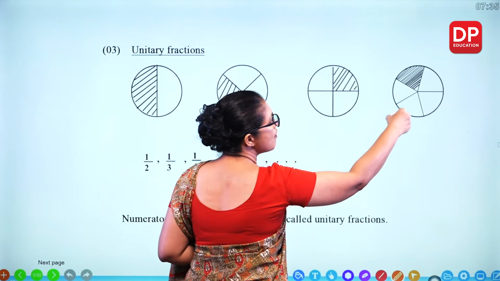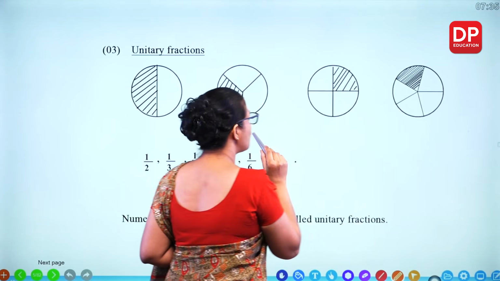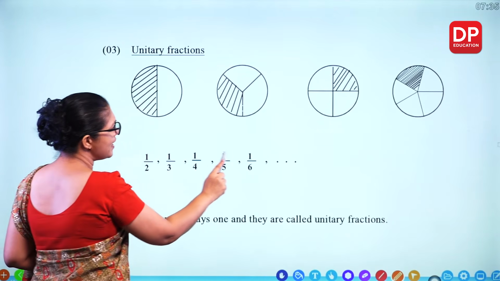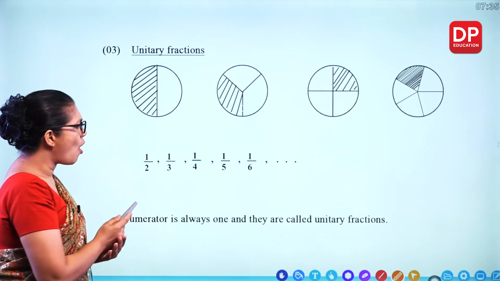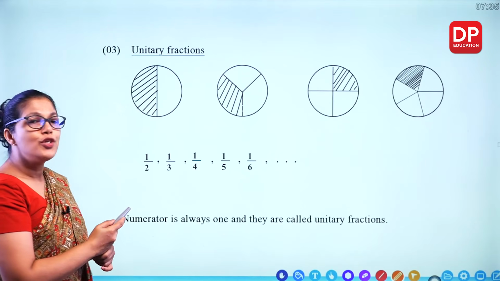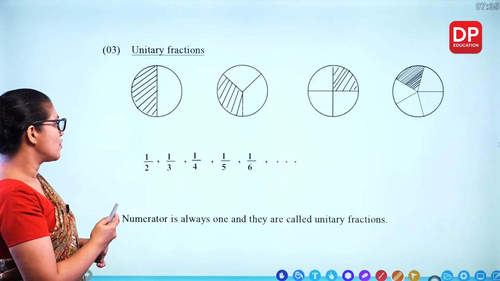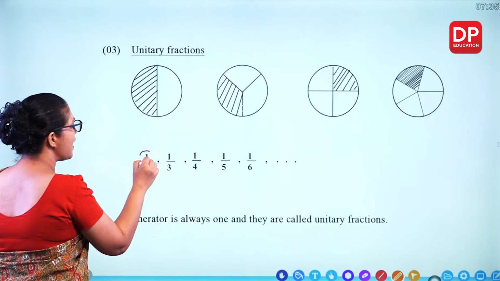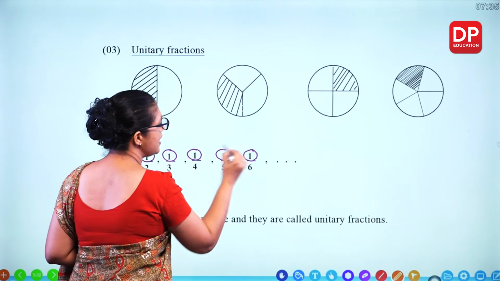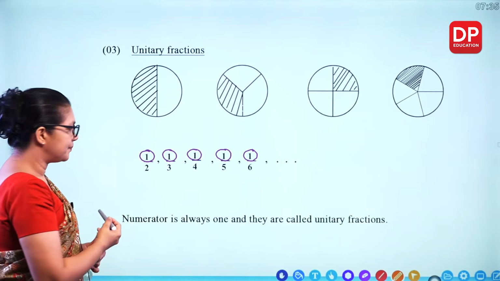This one, 5 parts are there, one is shaded: 1/5. Look at the numerator. The numerator is always 1. So we call these unitary fractions. When you get numerator 1, we call it a unitary fraction.